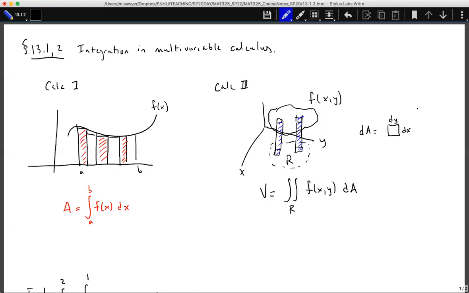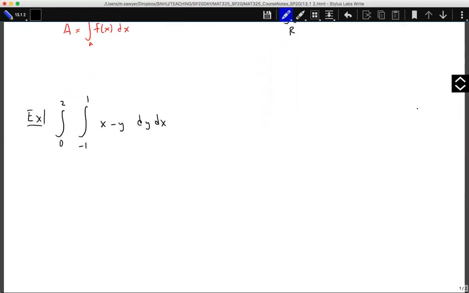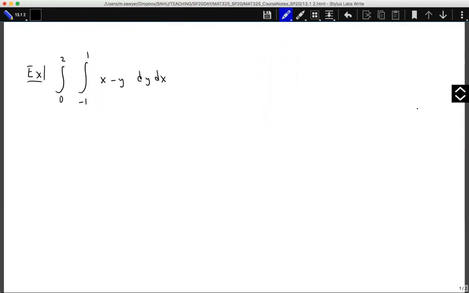So let's look at a quick example. Suppose that we have the double integral from 0 to 2 of the integral from -1 to 1 of x minus y with respect to y with respect to x. So let's break this down. Our region here looks like this: y, which is the inside integral, goes from the values -1 to 1.